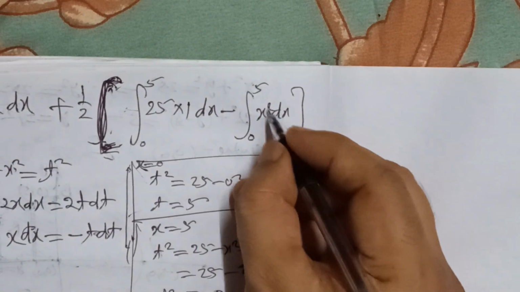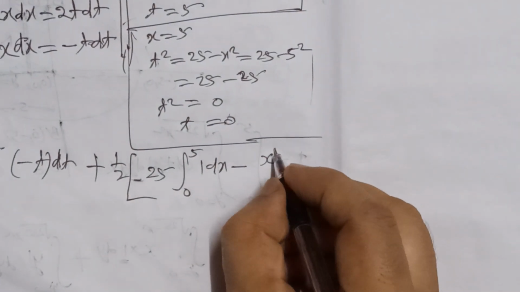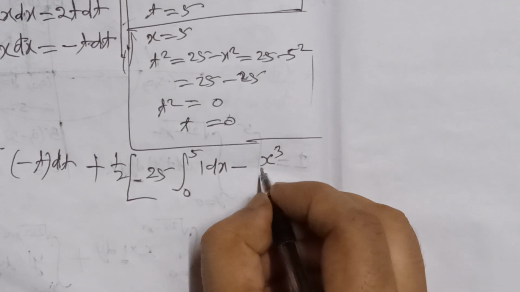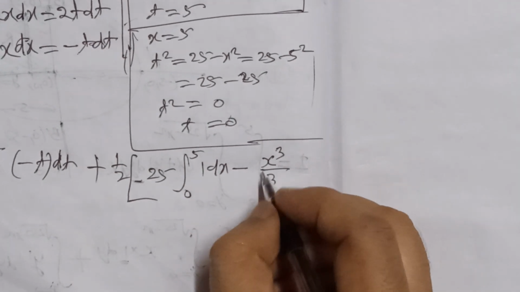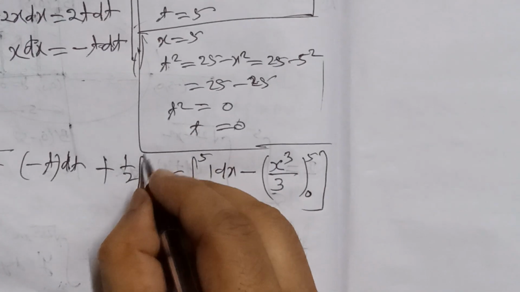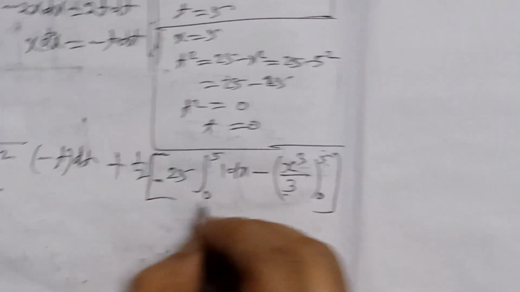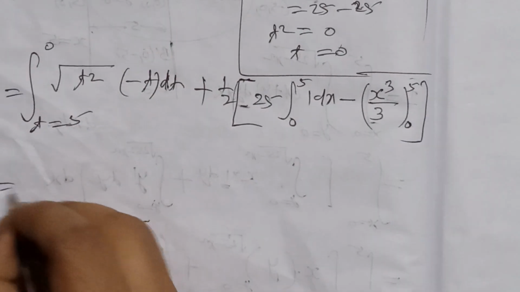For the integration of x square, we know that it increases by 1 power, x square becomes x cube divided by 3, and apply limit 0 to 5, and close this bracket here, and take out the minus from this sign of integration.